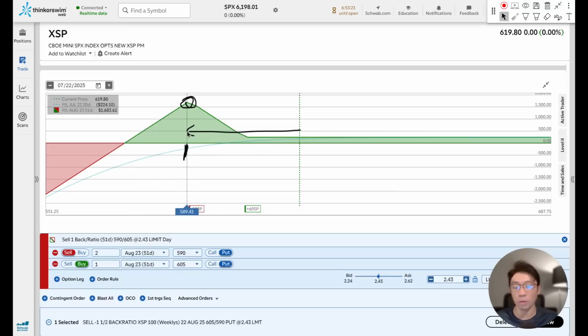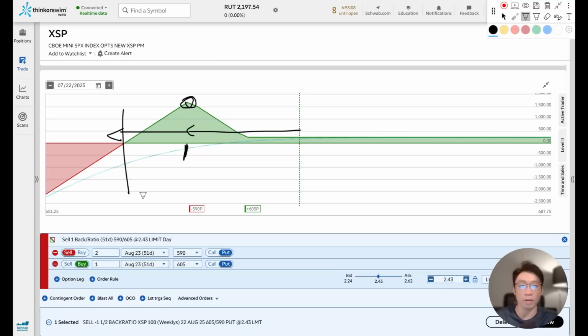If I was to hover over the price, you will see that the loss is still at $221. So it doesn't work whereby you close it now thinking that, hey, I will never let this go past to the loss point, because we do not have control over that. Only over time, this will eventually go up. Then you can have a chance for us to get this profit inside this tent over here.